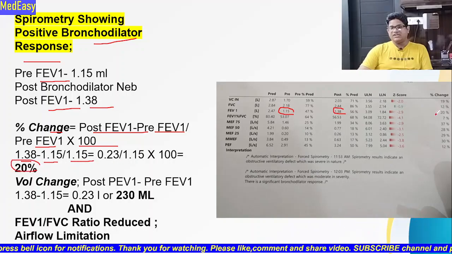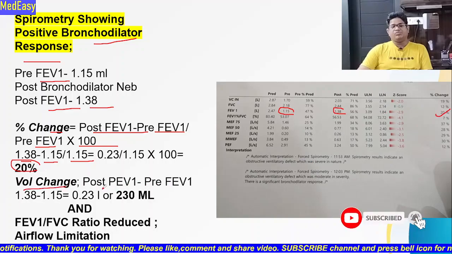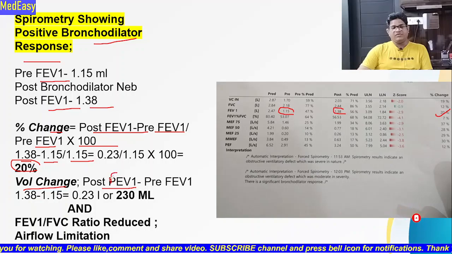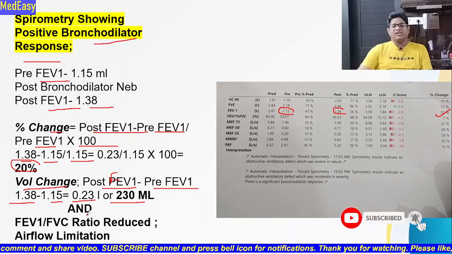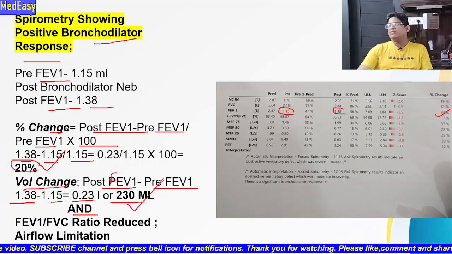The change is more than 12%. And if you calculate the volume change, post-FEV1 minus pre-FEV1, it is 1.38 minus 1.15, 0.23 liter or 230 ml. So both things are there, 20% and more than 200 ml. So it is a positive bronchodilator response.